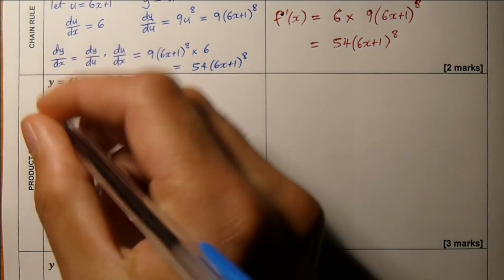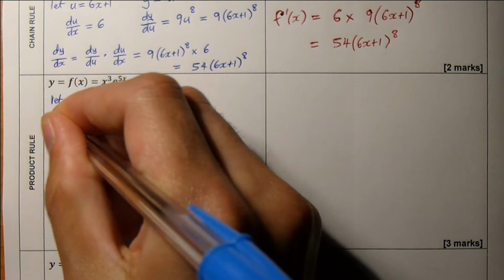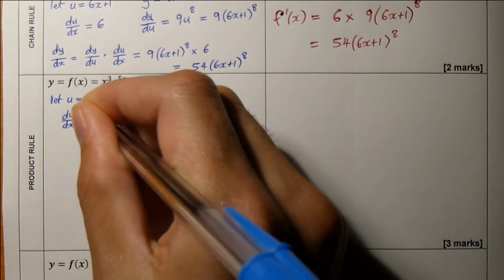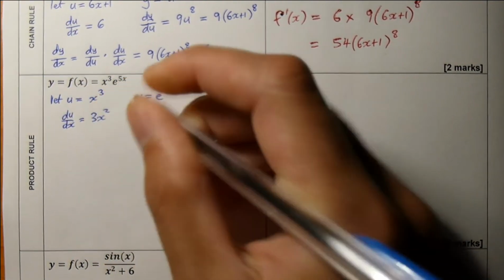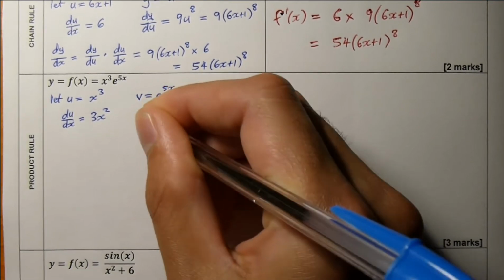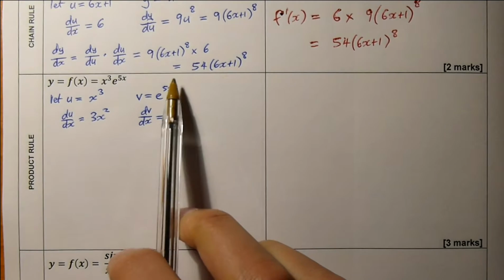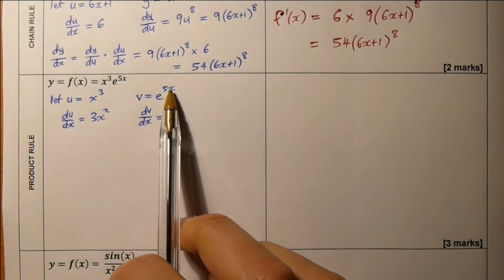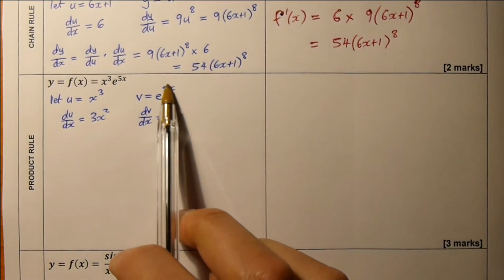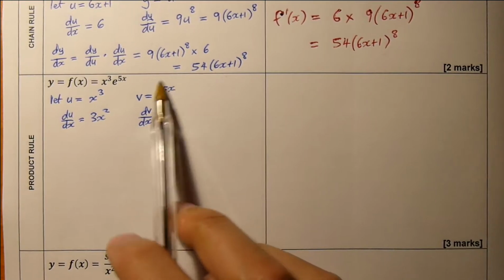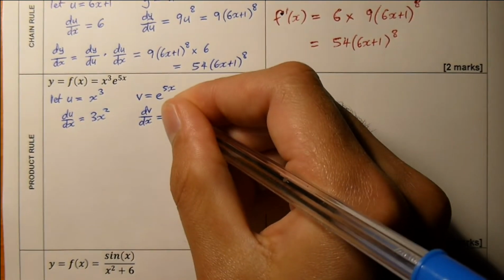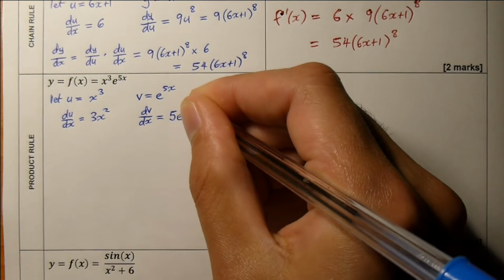Now I'm going to take the derivative of u, du with respect to x. That gives me 3x squared. And then I'm going to take the derivative of v with respect to x. Now, when we differentiate e to the 5x, we've got the derivative of the power at the top here, so this 5, and then e to the 5x.